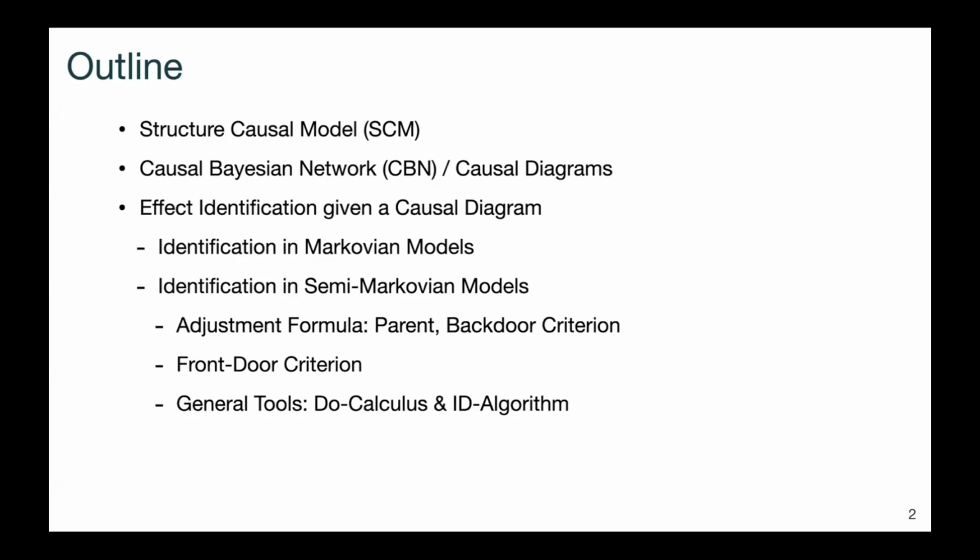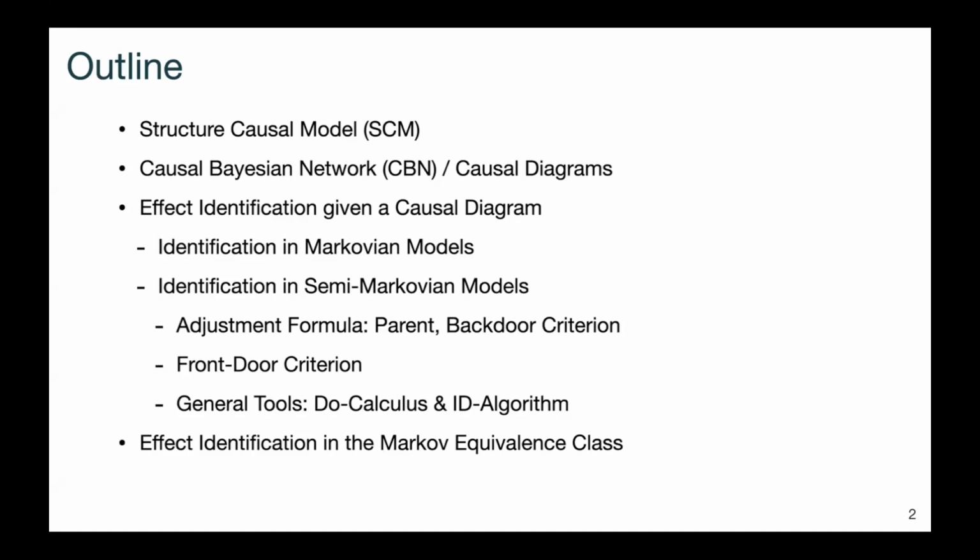General tools, which are complete in the sense that if you apply them and you don't get an answer, you don't have identifiability, include do-calculus and the ID algorithm. If we have time, I will probably go through examples of do-calculus, but for the ID algorithm, unfortunately, there's no time to go over it. We will see just an example. Then I end with some advances in the field.